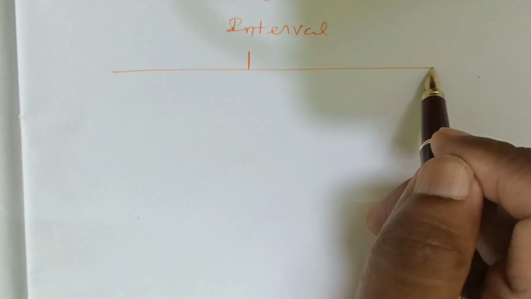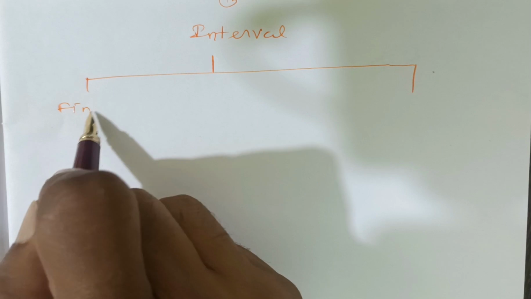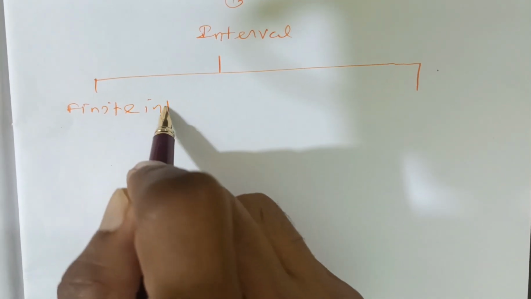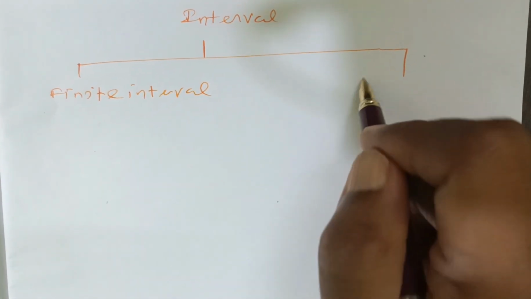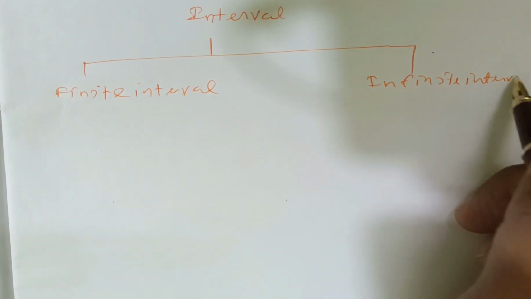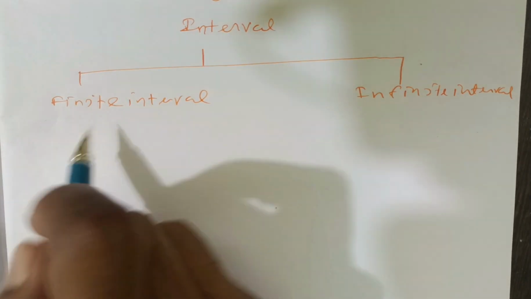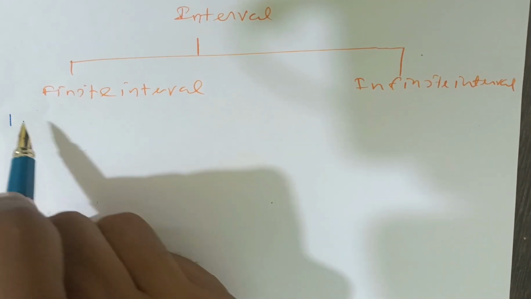There are two types of intervals. Intervals can be broadly classified into two types. One is finite interval and another is infinite interval. Again friends, finite intervals are of four types.